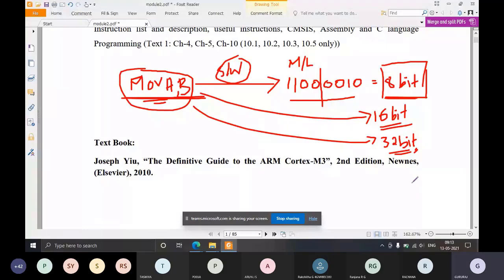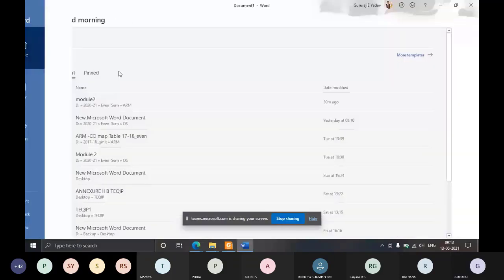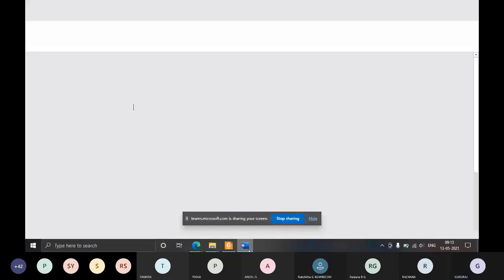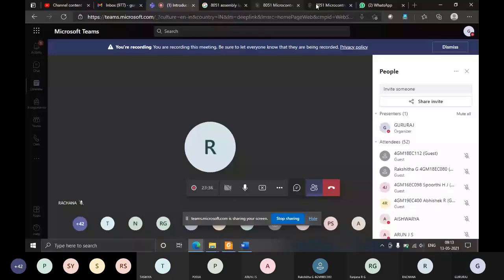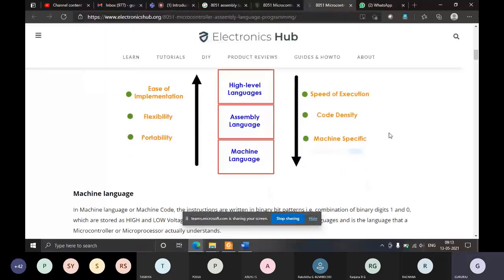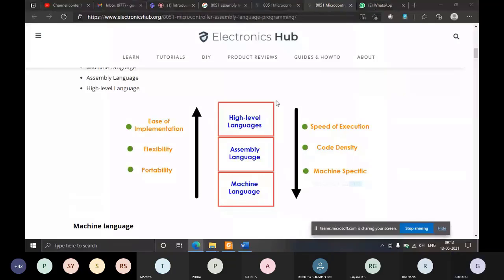Right. With this basic, we shall jump to understanding what assembly instructions are. Usually, languages are classified into three types. One is machine level language. Next is assembly language, which is above machine level, and next is high level language.